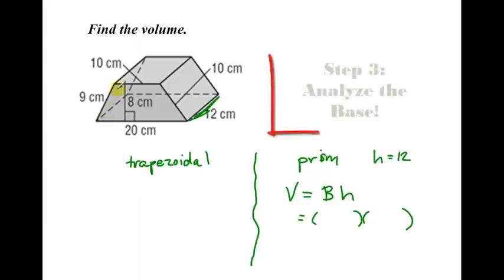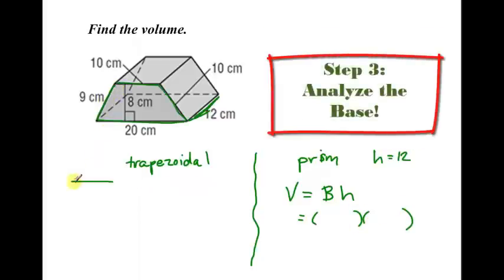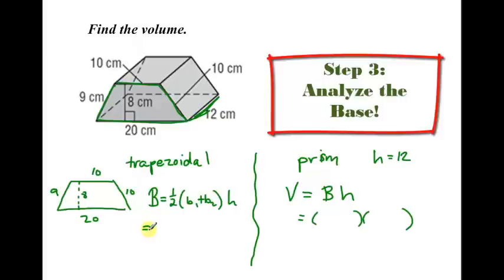Alrighty, step 3. This trapezoid, I'm going to just recopy down here. And note that it's got a base of 20 and one at the top of 10. It's 9 and 10 on the sides, and then right through there, the height of the trapezoid is 8. So let's figure out the base area. We're looking at half of our 2 bases added together times the height of this trapezoid.